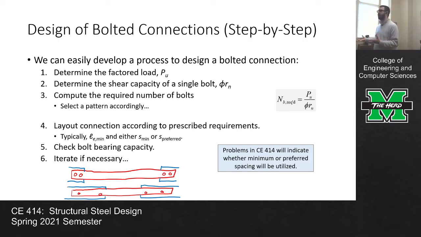So you know it's got enough bolt shear capacity, but because you've laid it out, you don't know if it has enough bolt bearing capacity. So you've got to go through and compute the bolt bearing capacity to make sure it works. And if it doesn't work, you're going to have to iterate the connection design if necessary. I'm going to talk about some additional items to consider in a second. Actually, let's go ahead and get into that.